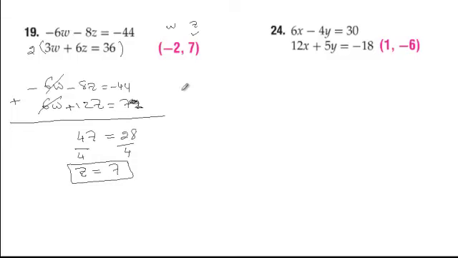Okay. And now we write 3w plus 6z equal to 36. Now replace z by 7. So write 3w plus 6 times 7 equal to 36.